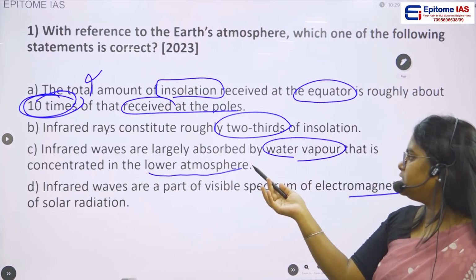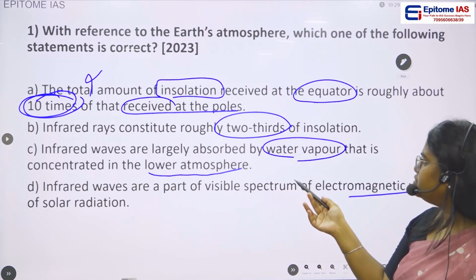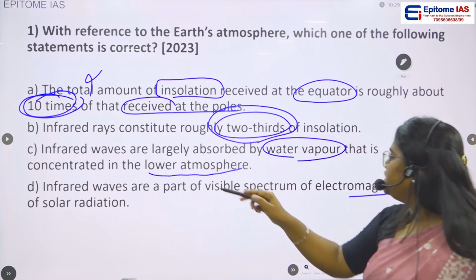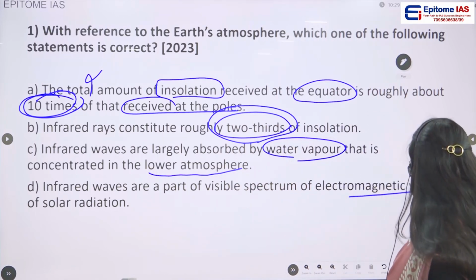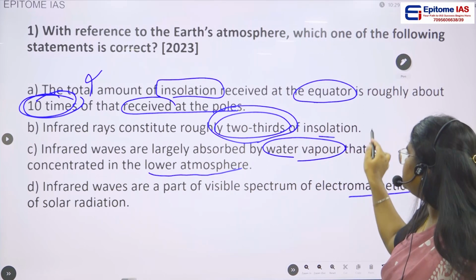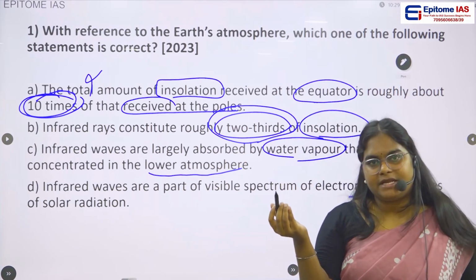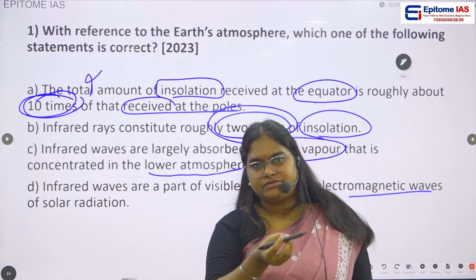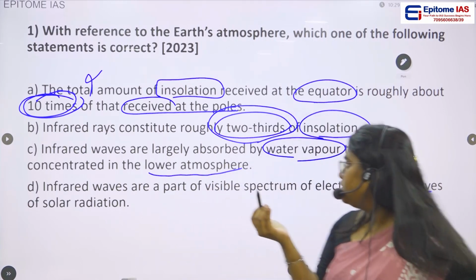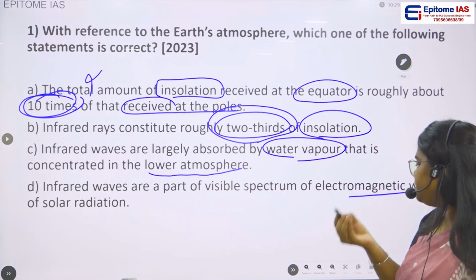Then if you see option B, infrared rays constitute roughly two-thirds of the insolation. So again, the insolation, the incoming solar radiation, is electromagnetic radiation. It consists of rays of different wavelengths.